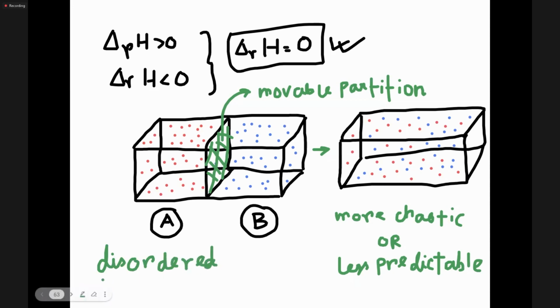See, disordered nature may lead to spontaneity of a chemical reaction. So more disorderliness or more chaoticness may be a criterion for spontaneous chemical change.